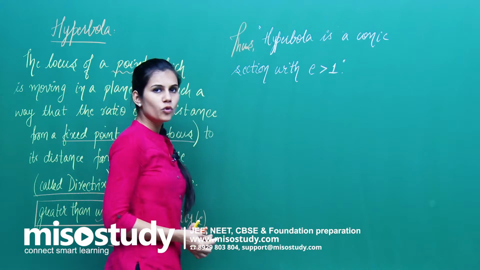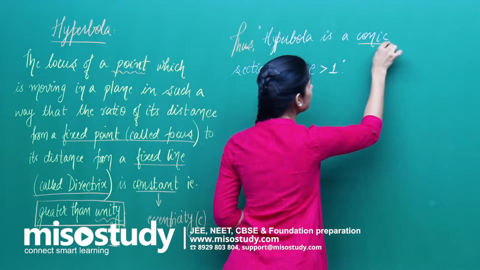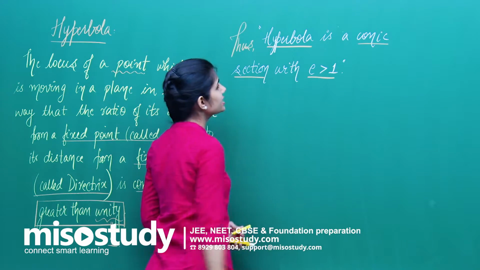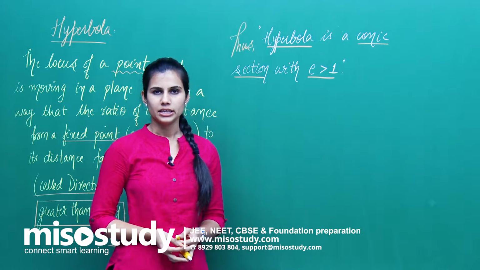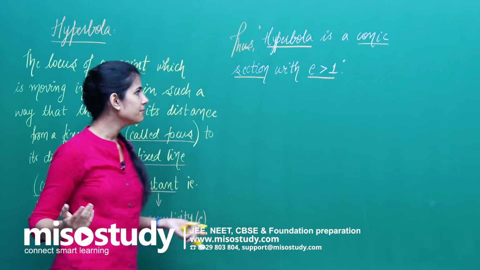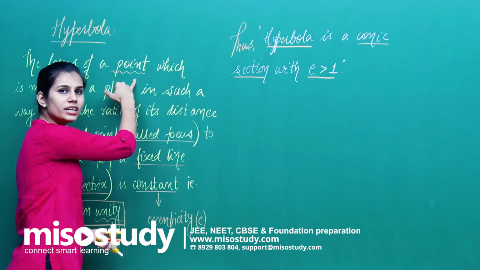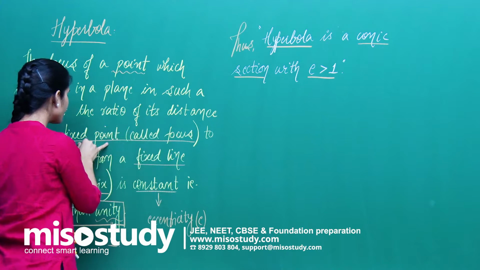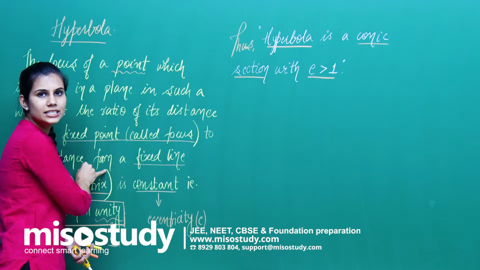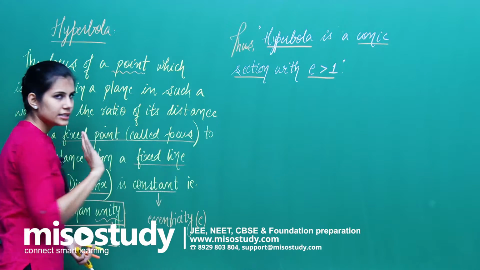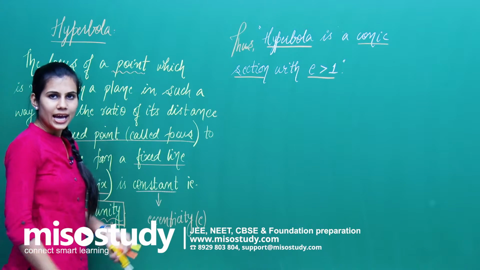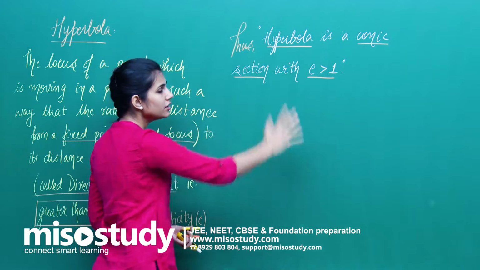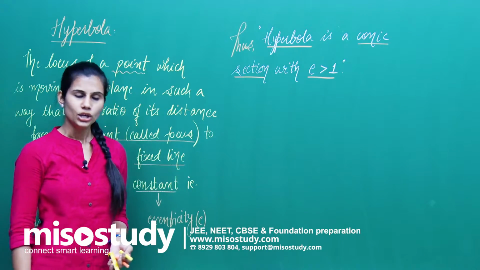If the definition of conic section is clear to you, you can simply write hyperbola to be a conic section with eccentricity greater than 1. Because what is a conic section? Nothing but the locus of a moving point which is moving in the plane in such a manner that the ratio of its distance from a fixed point to the distance from the fixed line is constant, known as eccentricity. And when that eccentricity is greater than 1, the conic section turns out to be called a hyperbola.